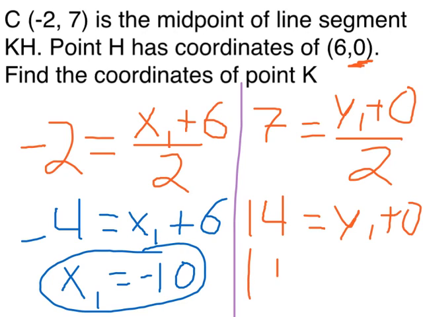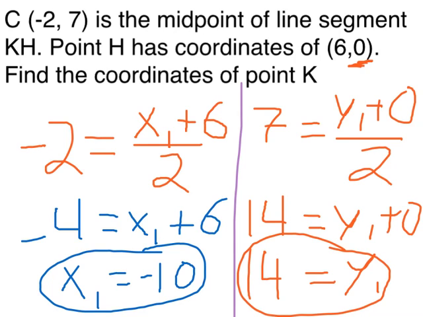So that means 14 equals y1. And if you look at the previous slide, that's exactly what we got. So the midpoint is (-2, 7), the H coordinate is (6, 0), and the K coordinate is (-10, 14).